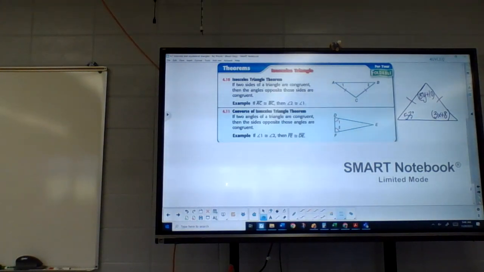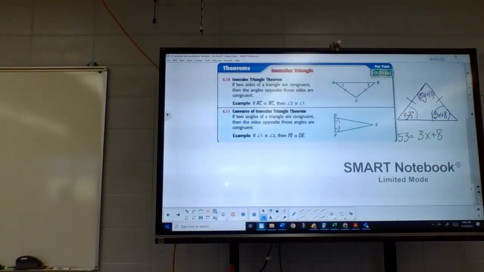Sam, so these two angles, what are you telling me about those? The one on the right equals 53. Yeah, if these are the legs that are equal, that means these two angles have to be the same. So they would both have to be 53 degrees. So we can write an equation that says 53 equals 3x plus 8.